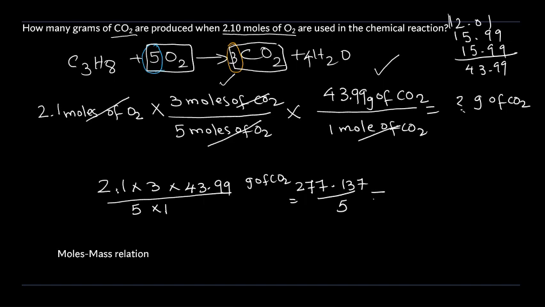I will not round until I reach the final answer. So I will leave all the numbers like that. That will give me 55.4 grams of carbon dioxide. How many significant digits do I need? 2.10 means I need 3 significant figures. So I can write 55.4, that is the correct significant number, grams of carbon dioxide.